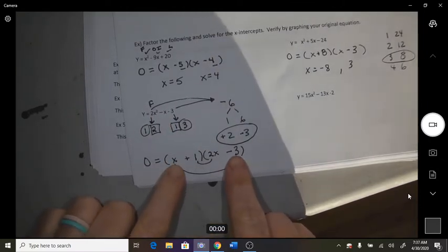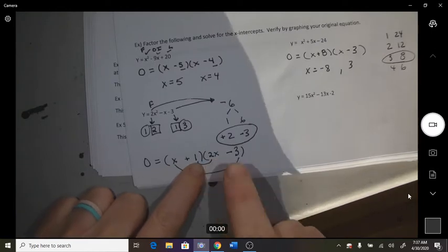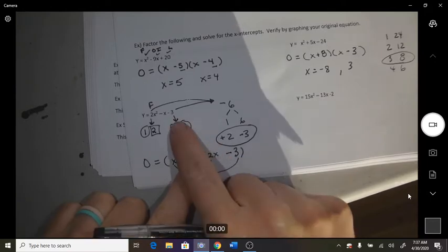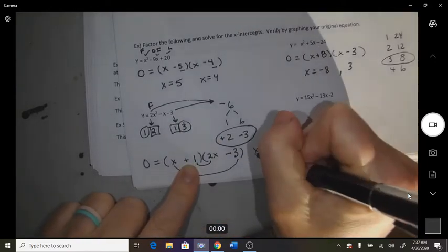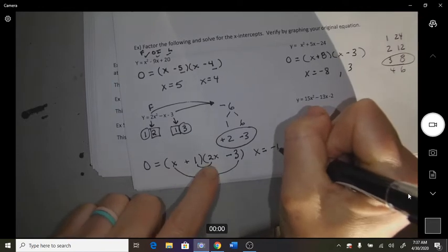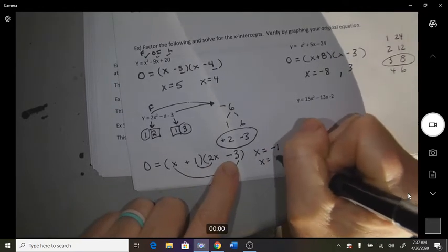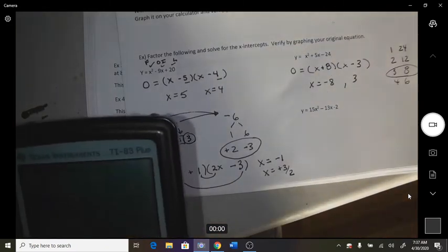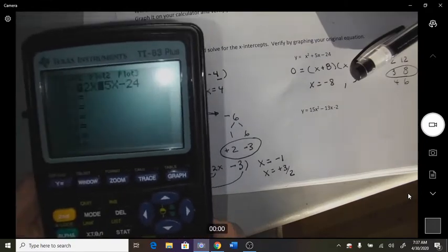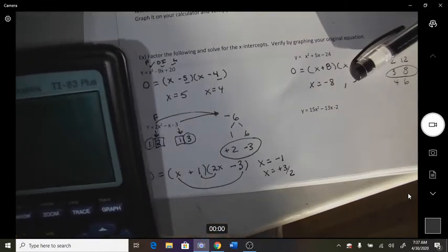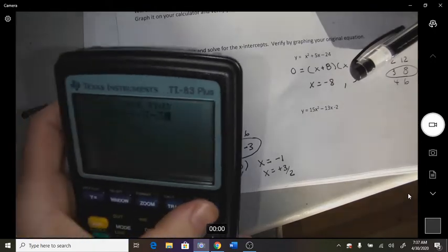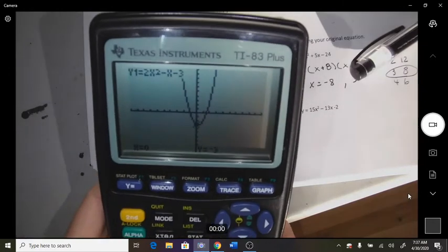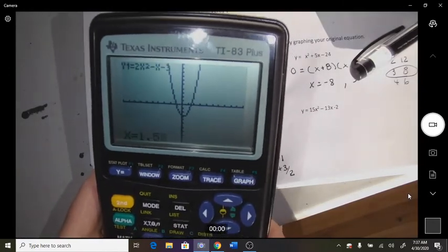Outside's negative 3x, inside's positive 2x, that gets me negative 1x. Last, negative 3. Okay, so my solution is for x, negative 1 and positive 3 over 2. Okay, let's graph this. So 2x squared minus x minus 3. So there it is. So it should cross at negative 1 and 1.5.